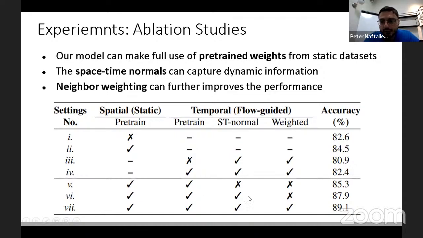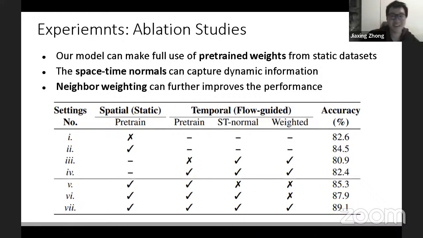Yeah, but the best one should be we combine the temporal. Of course, but this gives a hint of saying the pre-training is what's important. The temporal part is nice to have, but what really makes the difference is pre-training, based on this first part of the table. Or am I misreading or misunderstanding something?